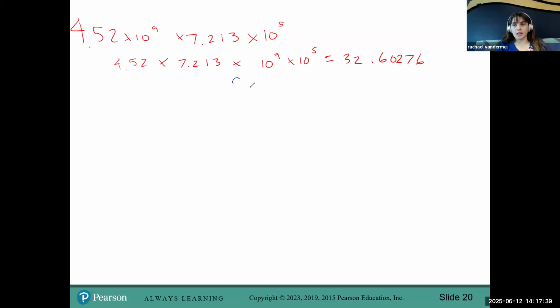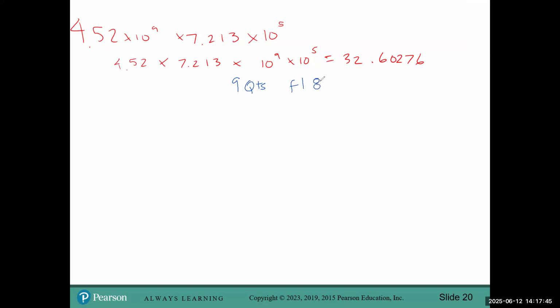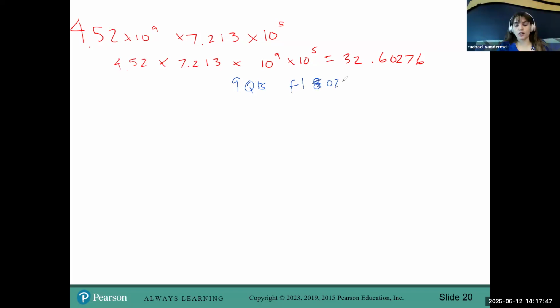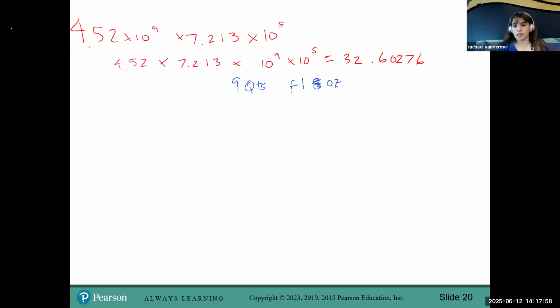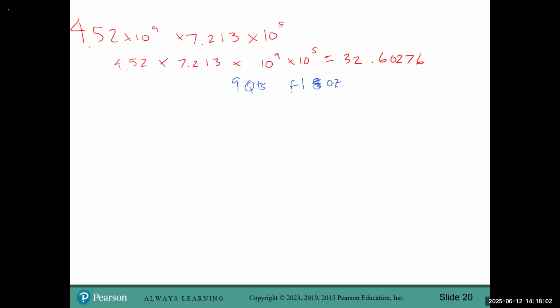I was using the sheet of conversions that we can use on the exam, and it doesn't give us the conversion for 1 quart equals 32 fluid ounces. So I did quarts to liters to milliliters, and then from milliliters to fluid ounces. But I got three digits off.